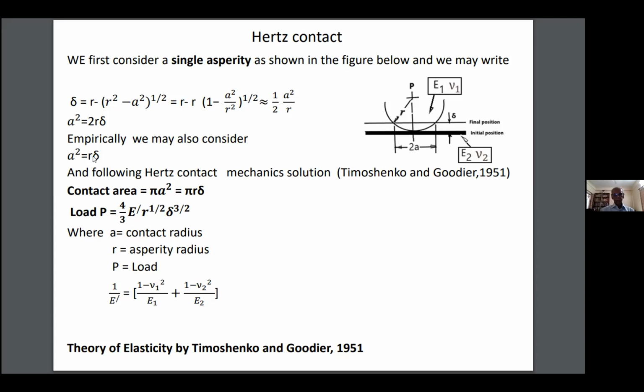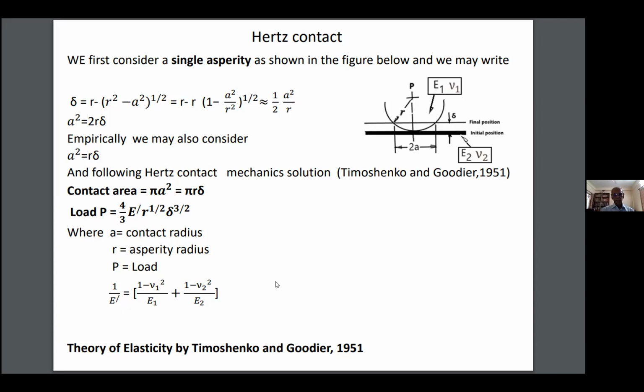So the contact area is pi a square, obviously, since this contact area is a circle. So it is pi r delta. Now the rest of the derivation will not be gone into here, and it can be looked up in a very well-known book written by Timoshenko and Goodyear, called Theory of Plasticity.